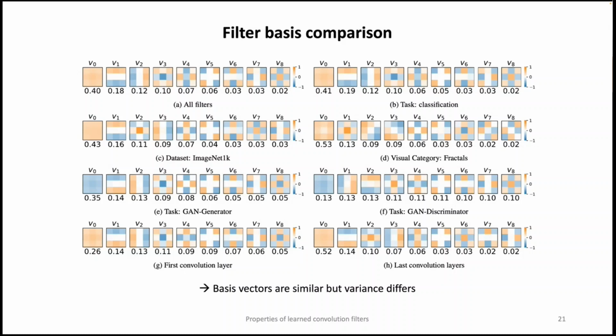The next thing we try to understand is, do the filters come from the same basis, or can they be described by the same basis? Because previously we mapped all the filters to the same basis, and it turns out, yes, you can. So independent of how we split our filters, if we do this by the task, by the data set, by the model depth, these obtained filter bases are always very similar.